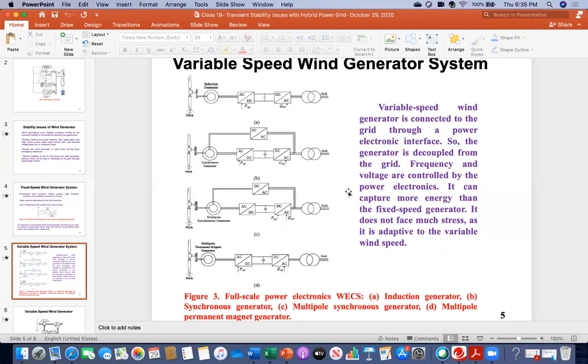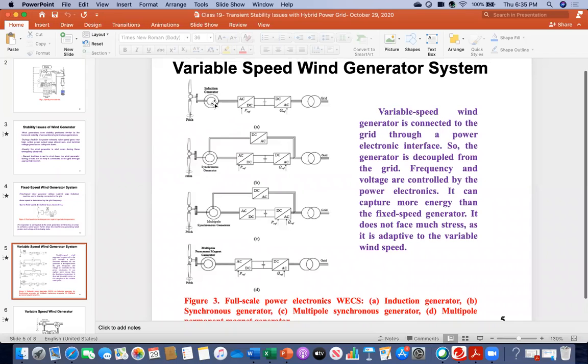Okay. So here I showed you the example of the induction machine based system. As you can guess, this is not a squirrel cage type. This is the wound rotor type because we are allowing varying speed. Although it is simply written induction generator, keep in mind this is the wound rotor type.